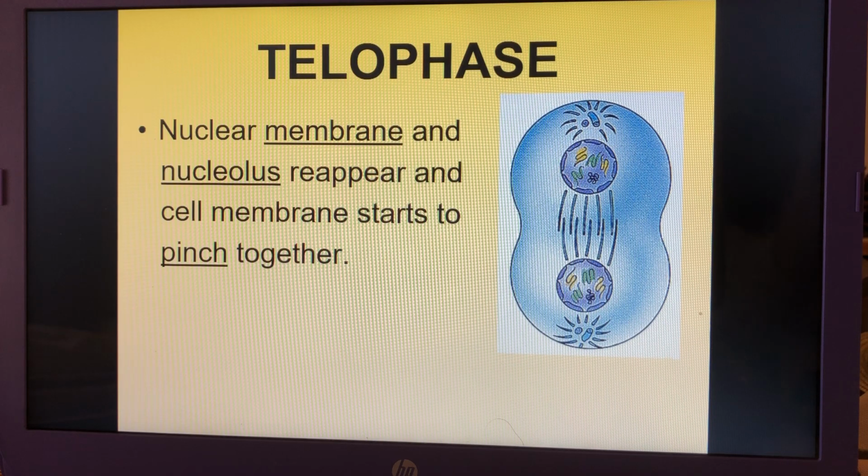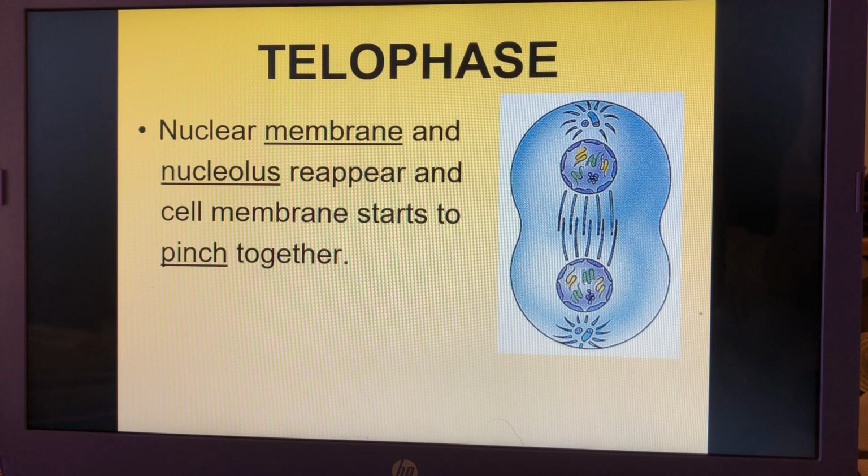So we have interphase is the first stage of the cell cycle. That's where it does all of its growing, all of its life functions, getting ready to prepare, and it copies its DNA so that it can divide and both cells can have the same information. Then we go to mitosis, and we have the 4 phases.